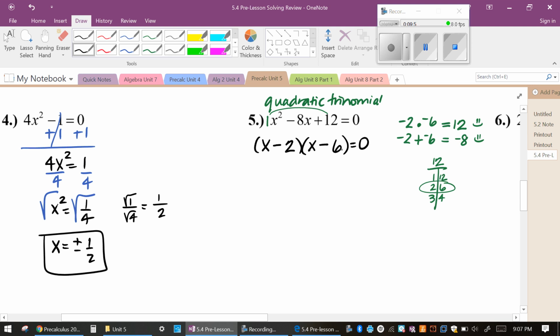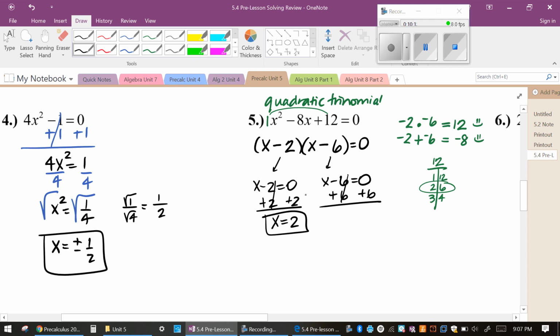If I were to FOIL or distribute this out, I would get the original problem of x squared minus 8x plus 12. Once you're done factoring, every linear factor needs to be set equal to 0. So your two solutions are 6 and 2.